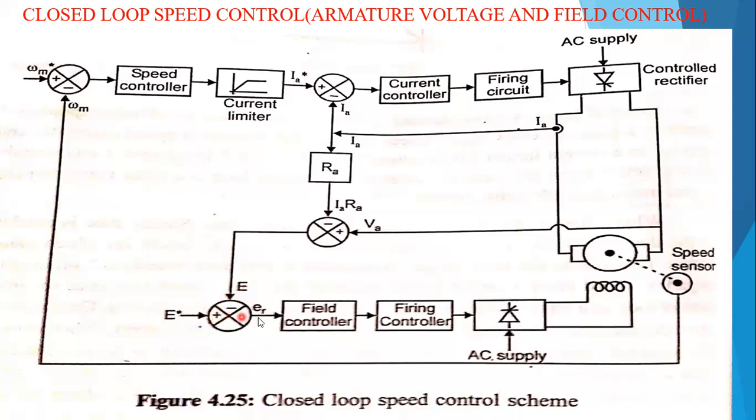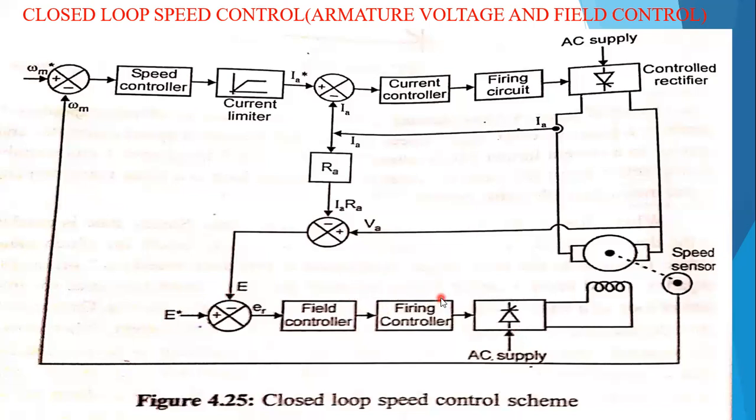Because of this difference the field controller saturates, so the maximum value of current is fed to the field winding by maintaining the firing angle alpha F equal to 0. That means rated field current for motor operation below base speed.